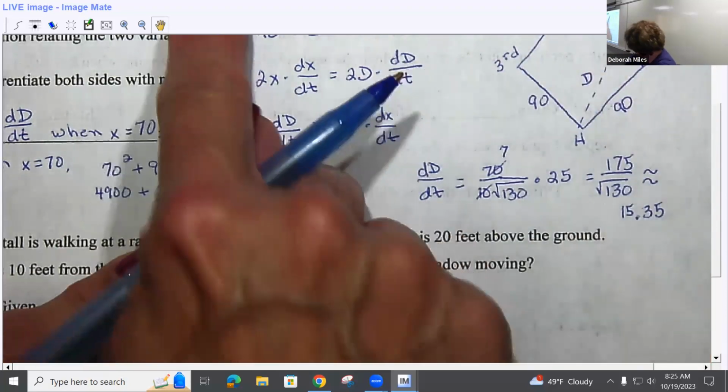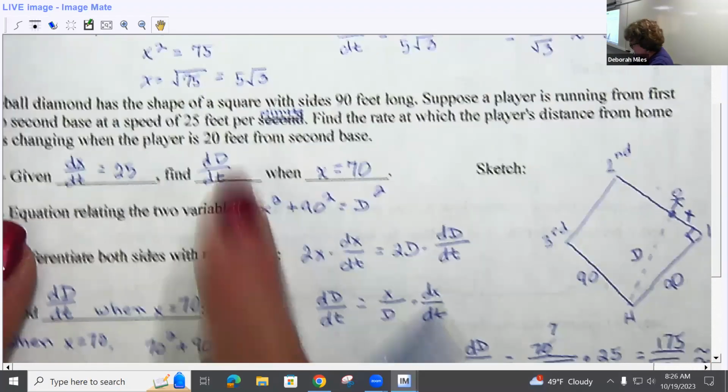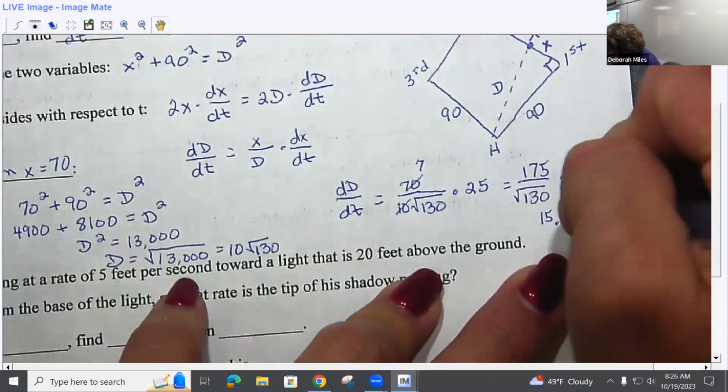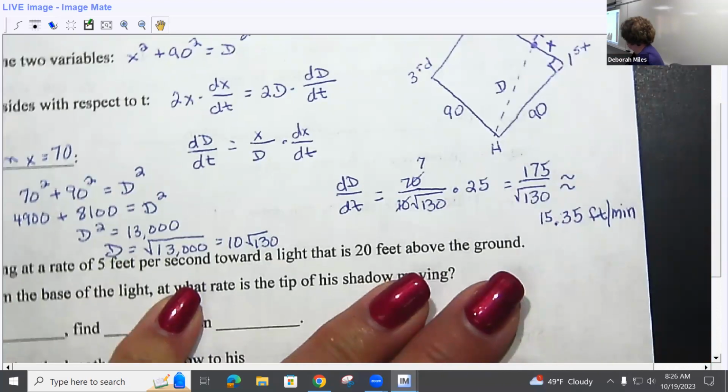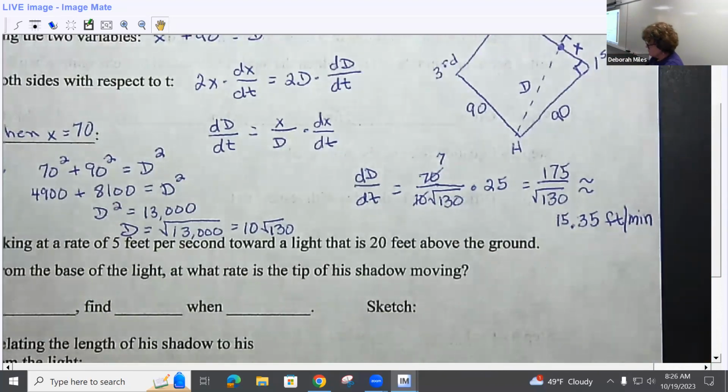If we change that seconds to minutes, then this is feet per minute. All right.